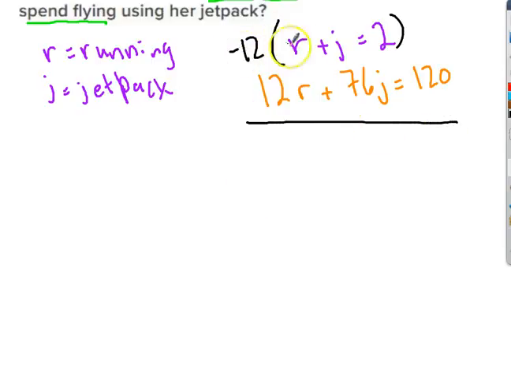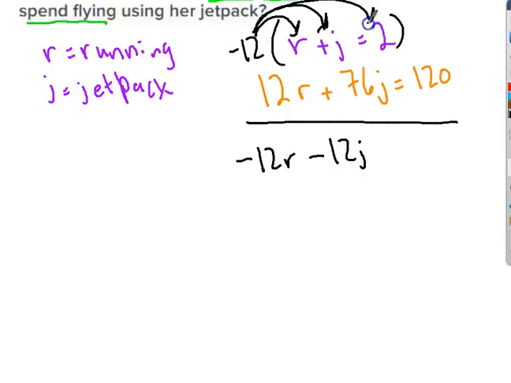So if I multiply everything in the top times -12, I get -12R, -12 times J, and then -12 times 2, so that's equal to -24. And the reason I did that is that now this will cancel with the bottom equation. I'm going to take the orange equation and write it down here.